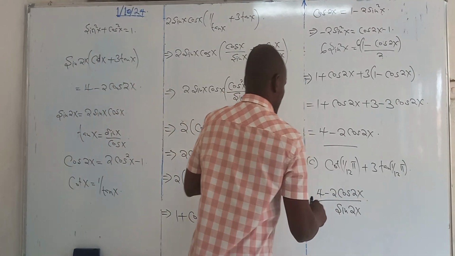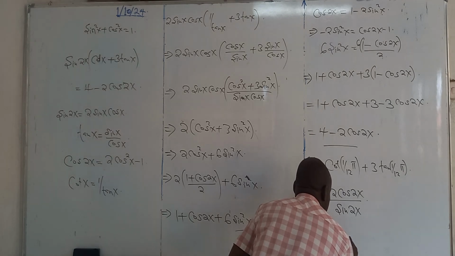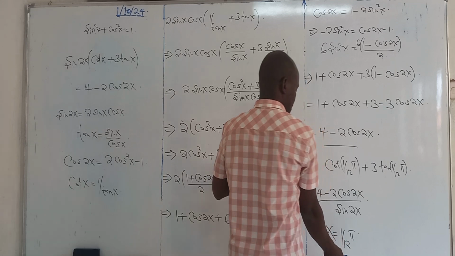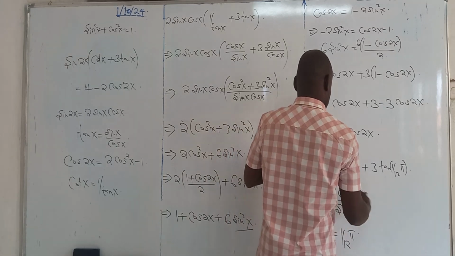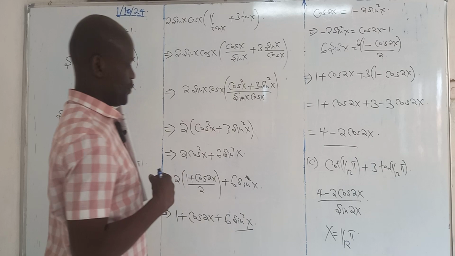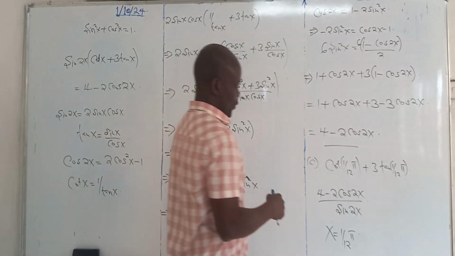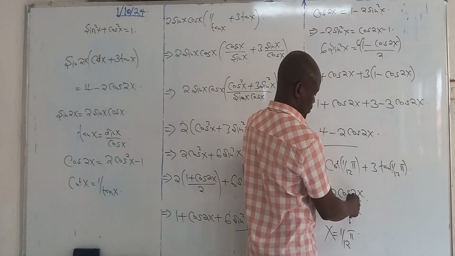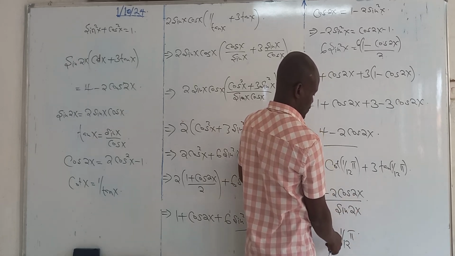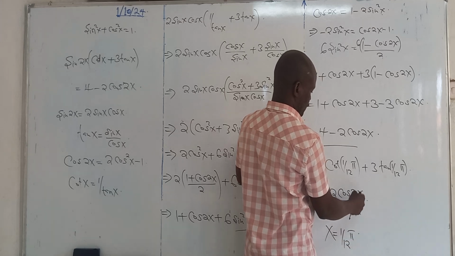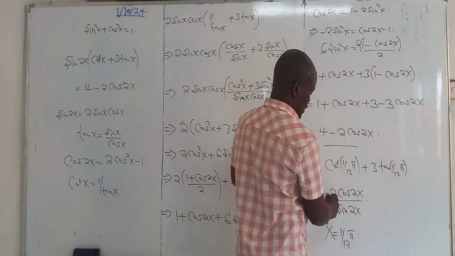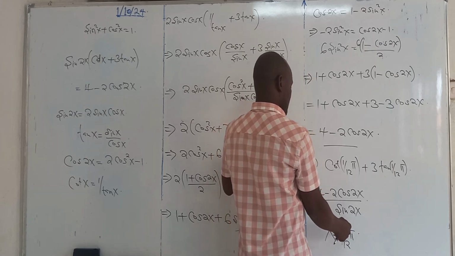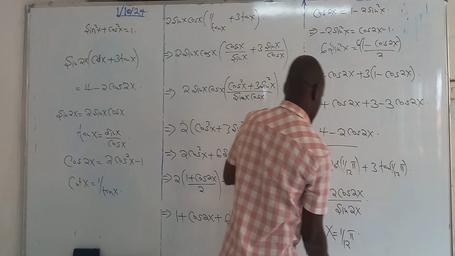And then we see that x is 1 over 12 pi. So let's substitute 1 over 12 pi into all that. 2x will be 1 over 6 pi, so that is 4 minus 2 of cos of 1 over 6 pi, divided by sin of 1 over 6 pi.